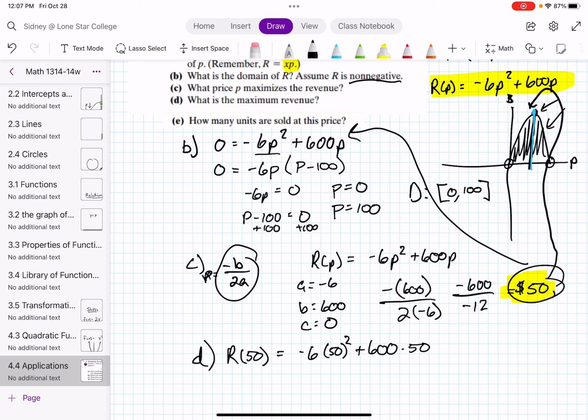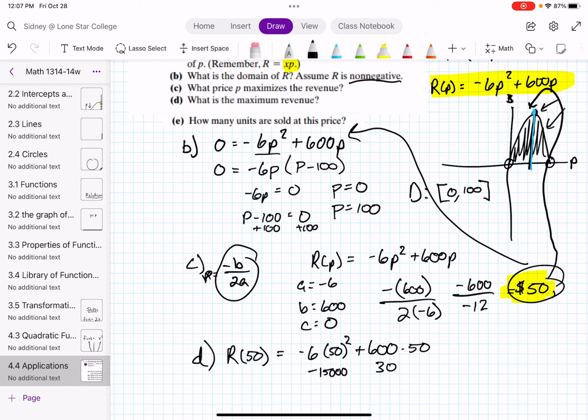So let's see, negative 6 times 50 times 50. Oops, I screwed something up there, didn't I? Negative 6 times 50 times 50 again. So I get negative 15,000 for that right there. And then 600 times 50 gives me 30,000.